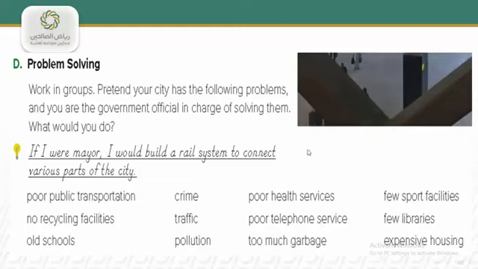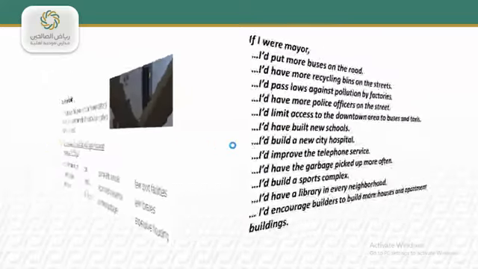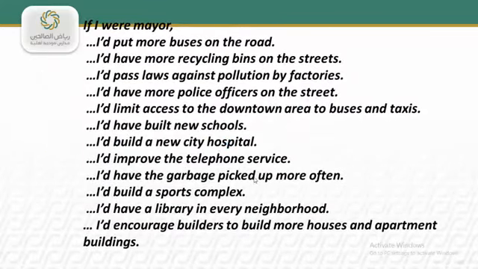What are you going to do to solve these problems? These are sample answers and you can answer on your own.